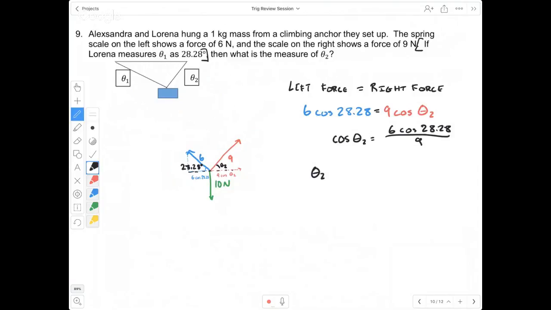So theta 2 equals the inverse cosine of 6 cosine 28.28 over 9.